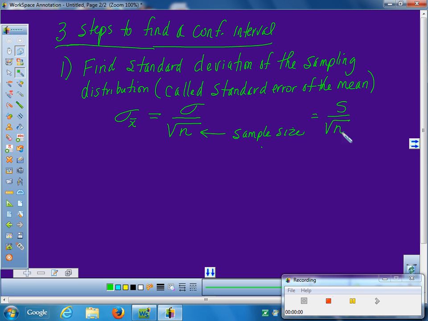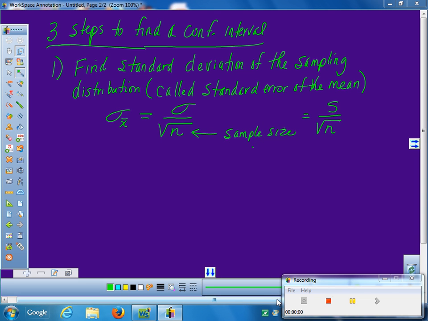What was s? The sample standard deviation. The standard deviation of your sample. But they put a stipulation on it. It's okay to use the standard deviation out of your sample if you sampled 30 or more items.